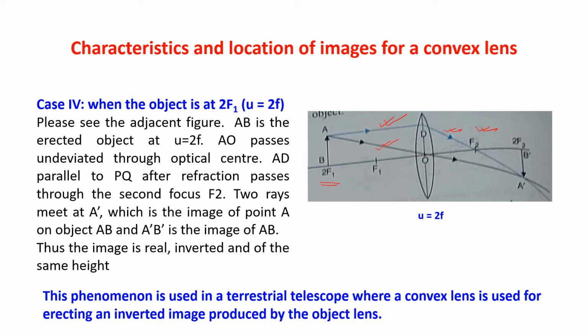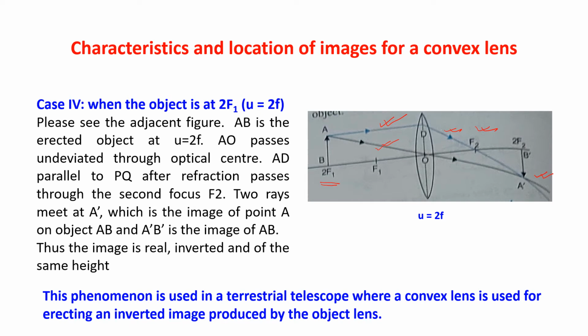These are the two rays which are meeting at a point A dash, which is at 2f2, and we will get an inverted image of the object AB, which will be at A dash B dash. The image will be of the same size as the object.